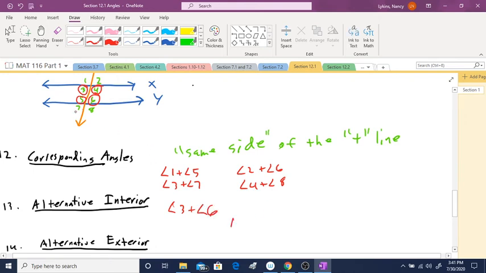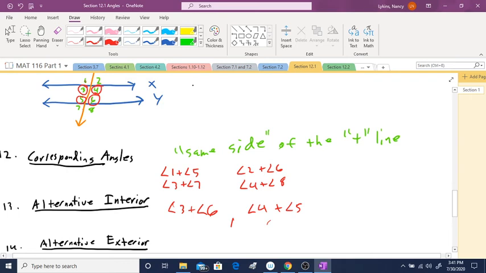And you also have 4, and across from that is 5. They're the same angle. So whatever 3 is, 6 will be. Whatever 4 is, 5 will be. What about the alternate exterior?